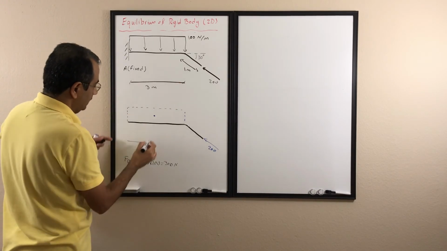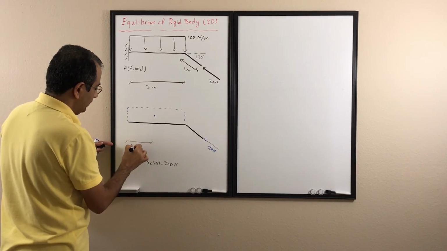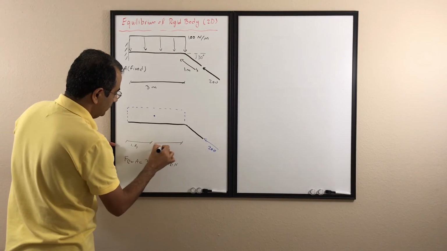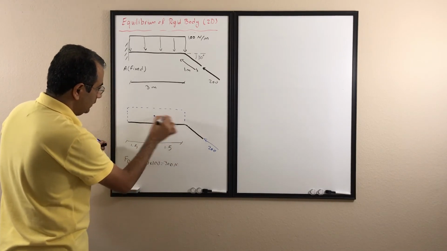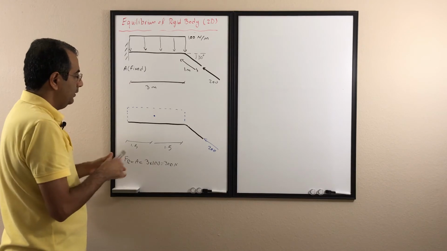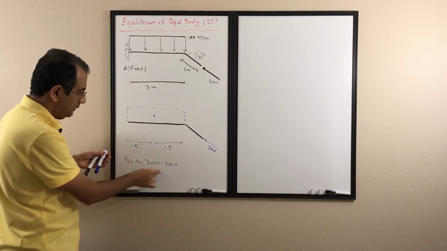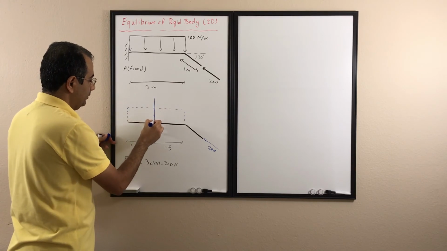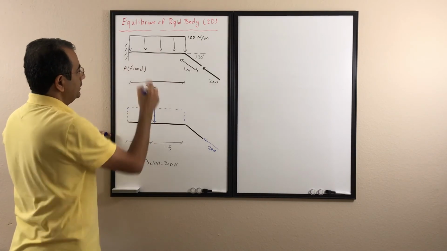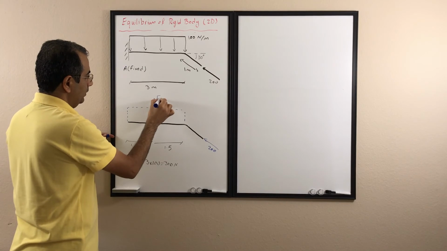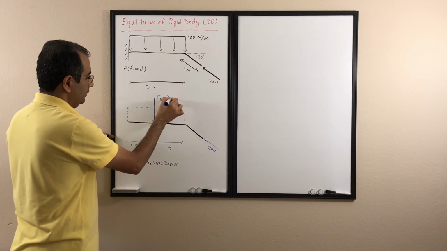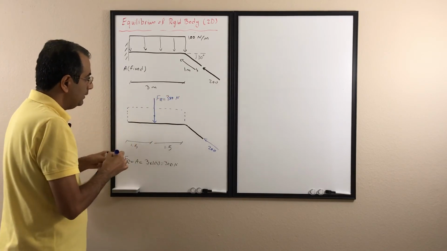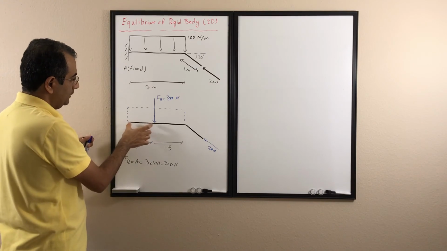If the total length is 3, it's going to be 1.5 from each end. So that point is right in the center, and the magnitude is the area underneath. So I replace that distributed load with a single load equal to 300 Newton, applied at the centroid.